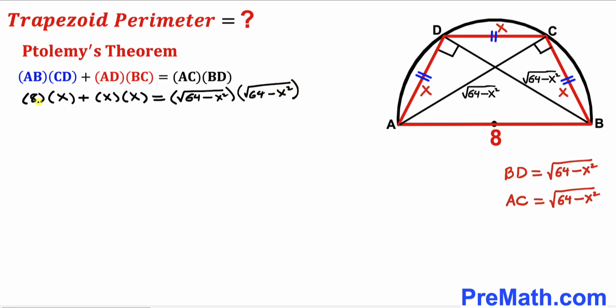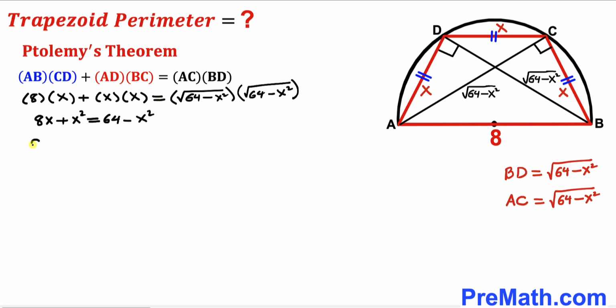Let's simplify. So 8 times x is going to give us 8x, plus x times x is going to give us x square, equal to, on the right hand side, when we multiply both of these, we are going to remove this radical sign. So we are going to get 64 minus x square. And now I'm going to move all these terms to the left hand side.